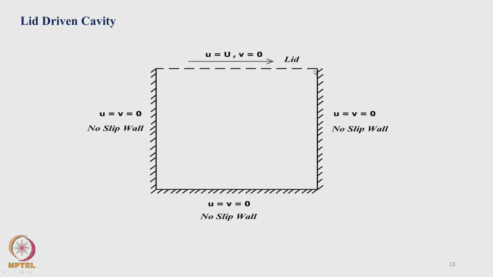The boundary condition imposed for this problem on all the sides, because we already mentioned it is a wall, is velocity equal to 0, that is u equal to v equal to 0, and such a boundary condition is called no slip. And we also know if you specify a value for the variable, it is called Dirichlet boundary condition.